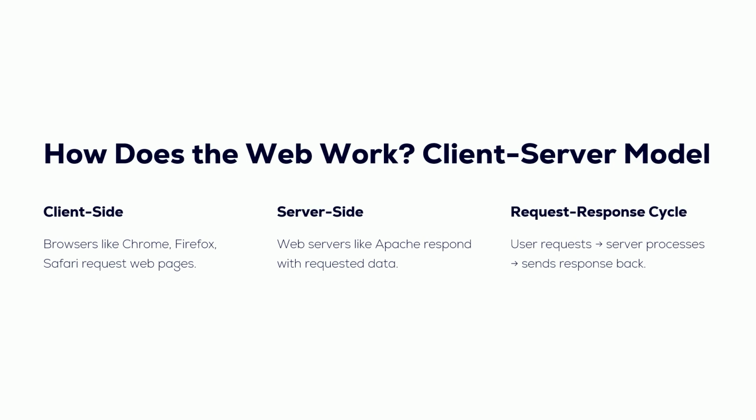All browsers are clients, and all these clients interact with something called web servers. We have different types of web servers. We have servers like Apache, which is actually used by many websites. We have Nginx, and a whole lot of web servers available out there.